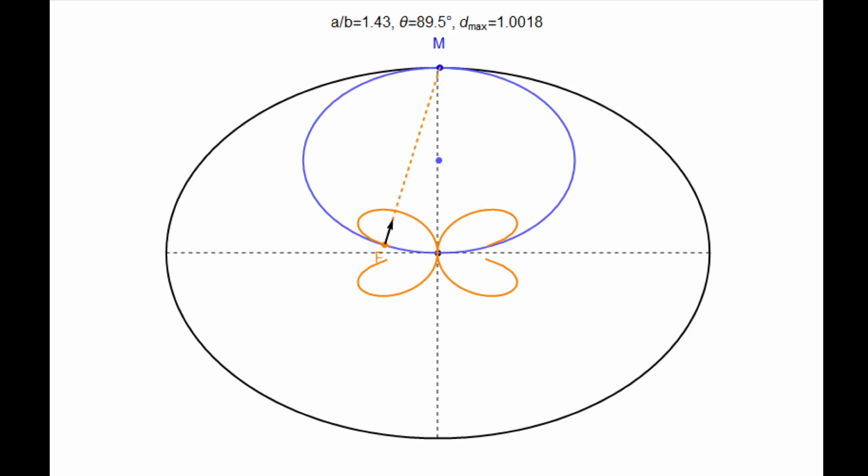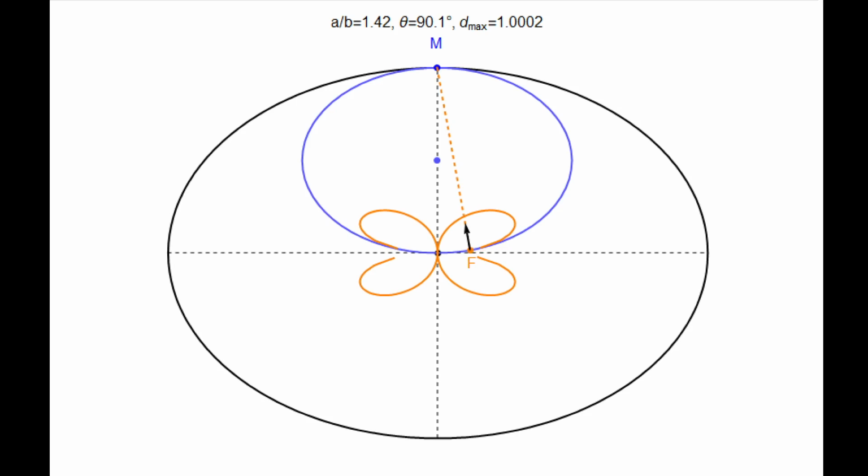Okay, let's go back in time here. So I'm almost at the top vertex, and right about now I'm going to jump to the other side, right there. So I'm still jumping. Now, as A over B approaches square root of 2, I'm at 1.43 right now. Let's go to 1.42.